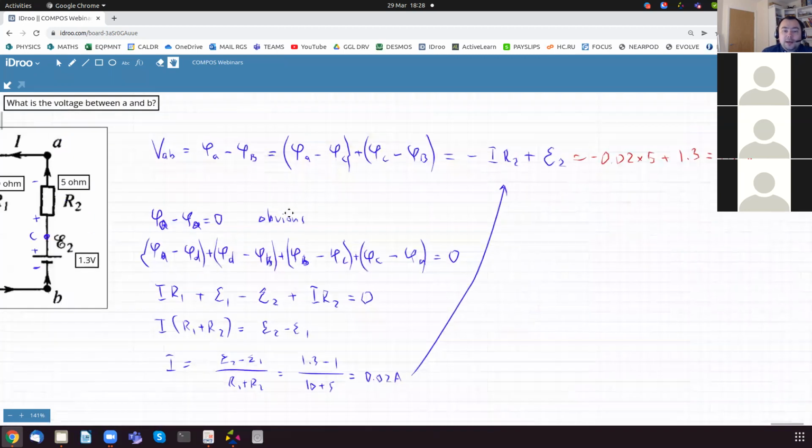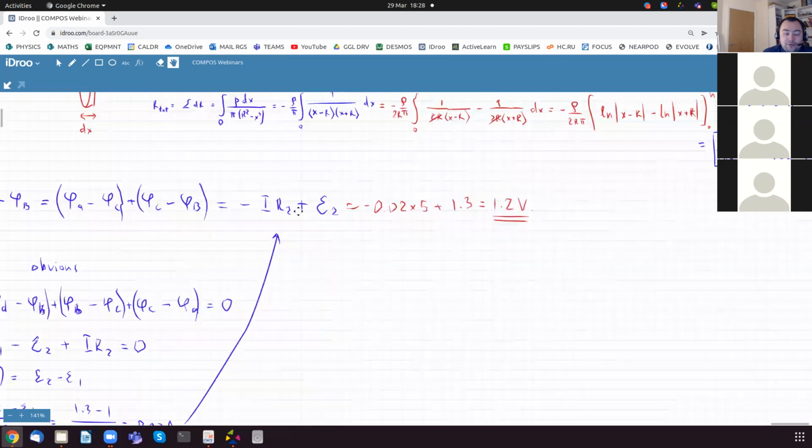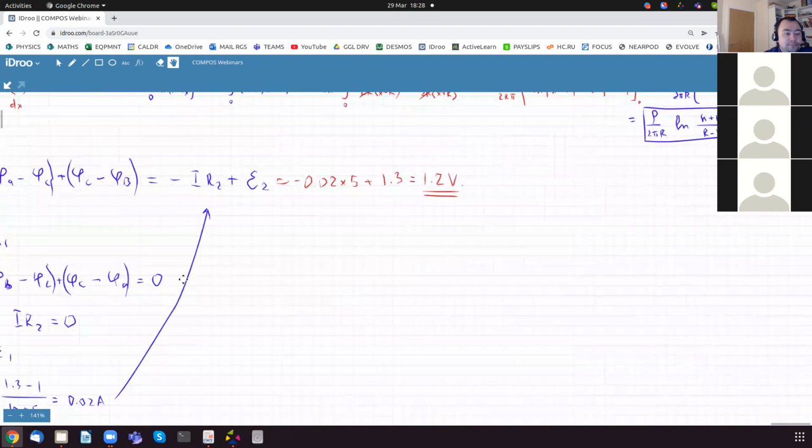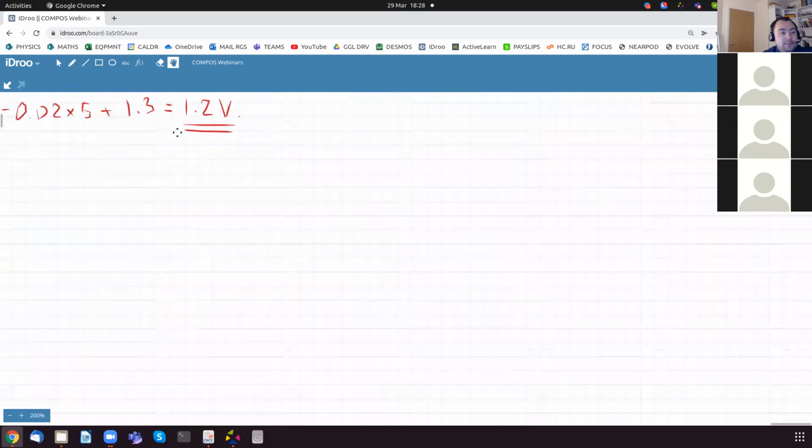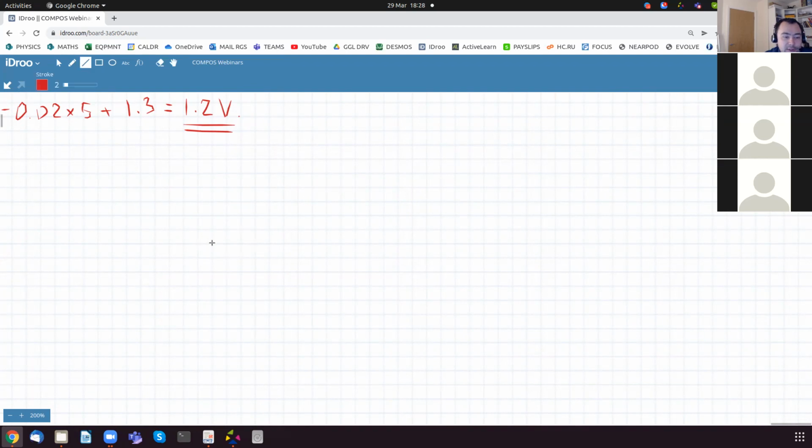Okay, so how to make sense of the potential? Well, let's look at a simple example. We have a piece of a circuit.